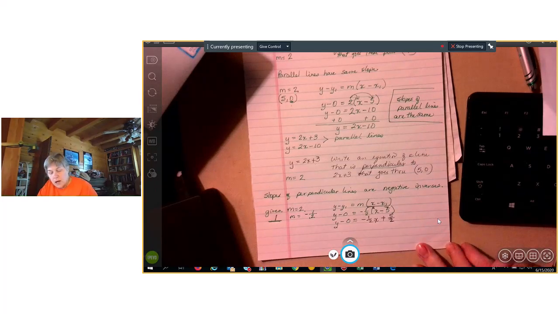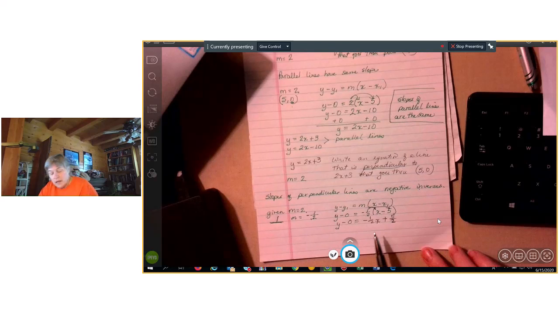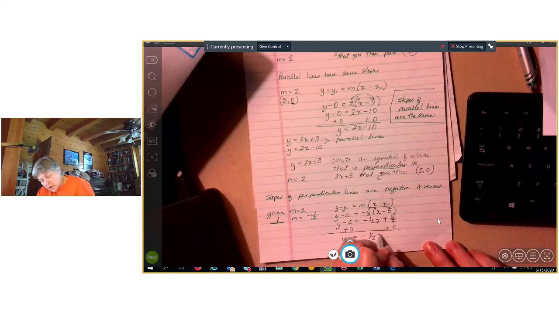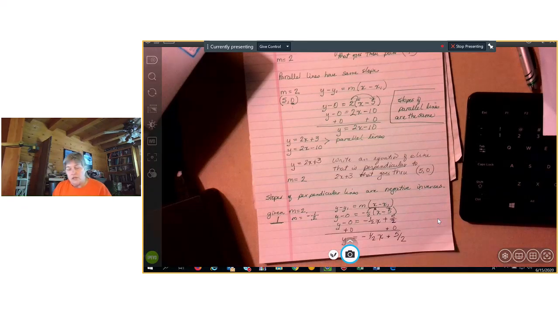So y minus 0 equals negative 1/2 x plus 5/2. Then I'm going to add 0 to both sides. y equals negative 1/2 x plus 5/2 is my equation that is perpendicular.